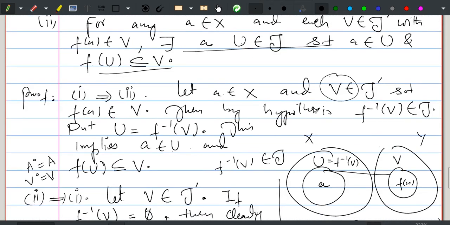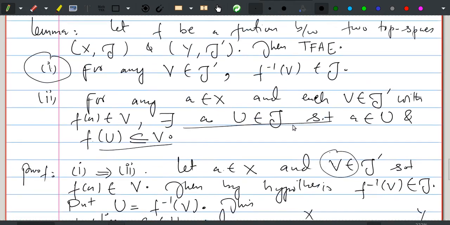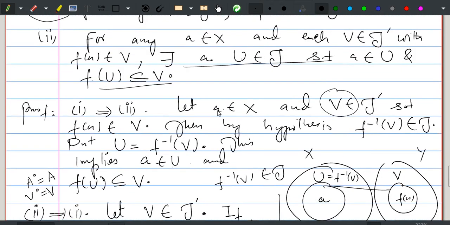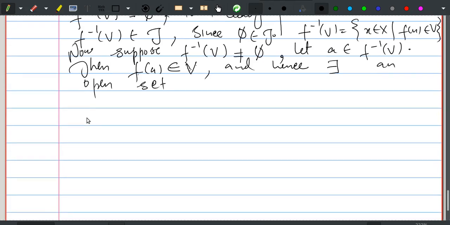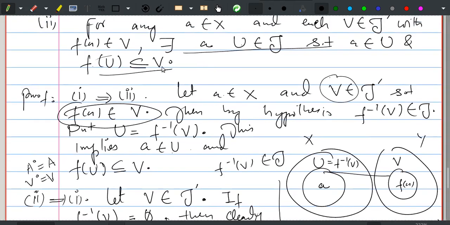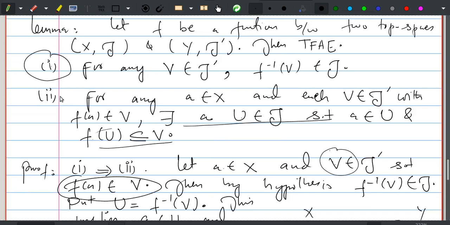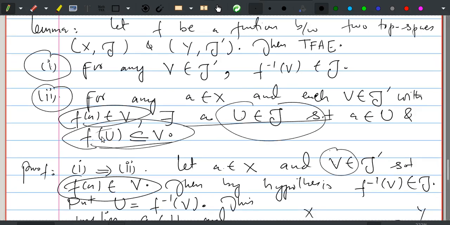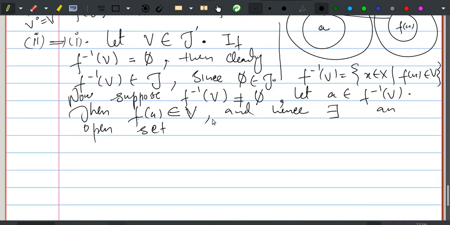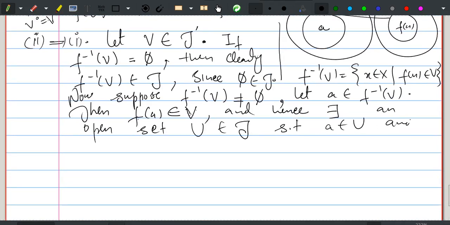So this V is open here, and we have a point, we have this thing over here. So this V contains f of A. Now we have assumed the second item is true. That means if this is the case, then we have an open set U in T such that this thing is true. So then there exists an open set U in T such that U contains A and f of U is contained in V.